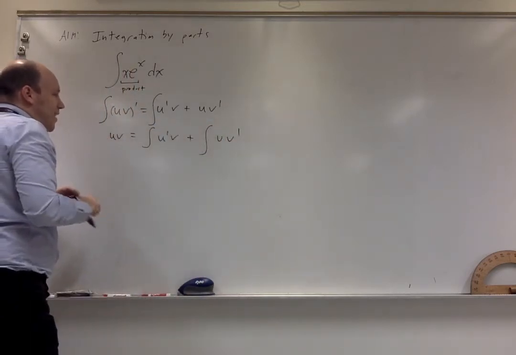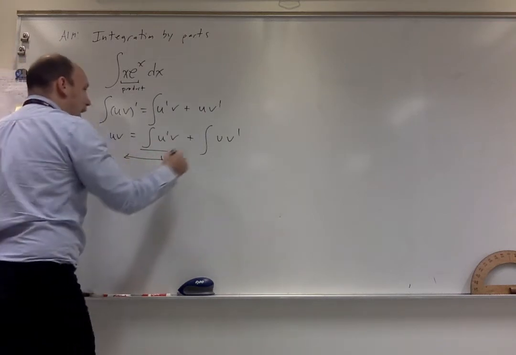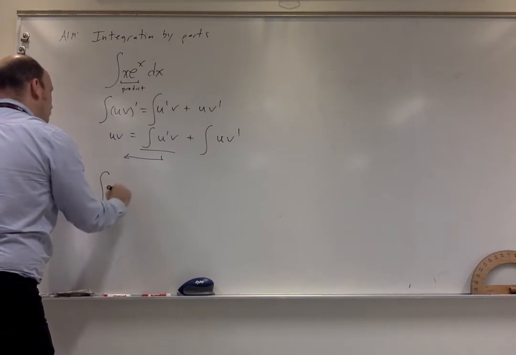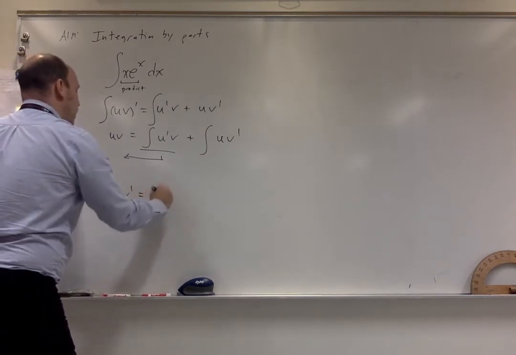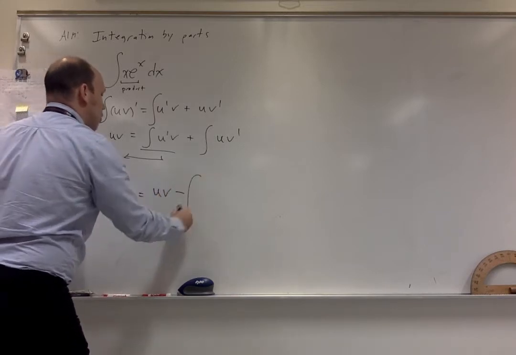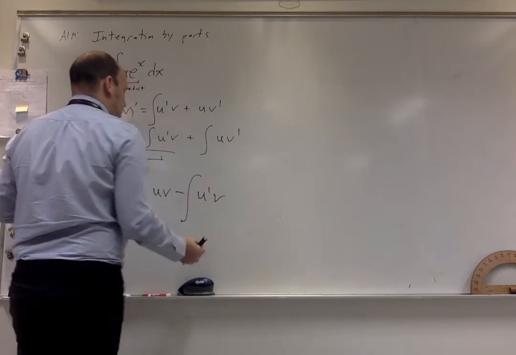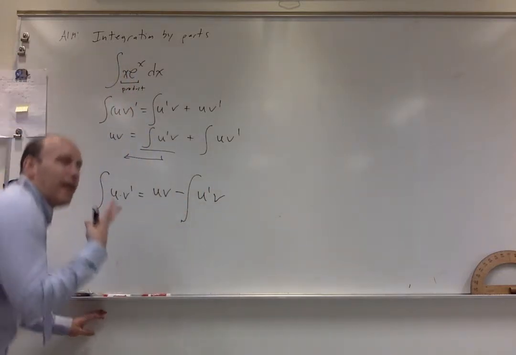So they move this to the other side, and we have the integral of u times v prime is equal to uv minus the integral of u prime v. And so I suggest you remember it.